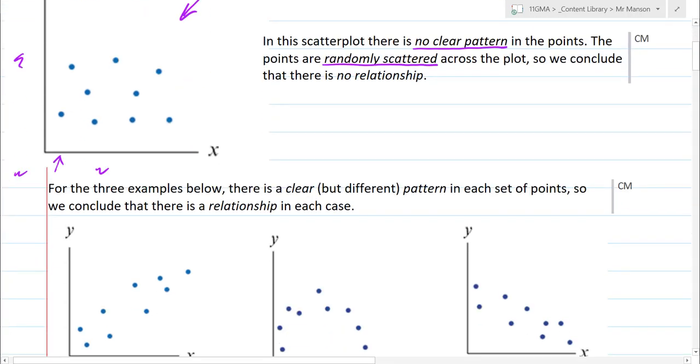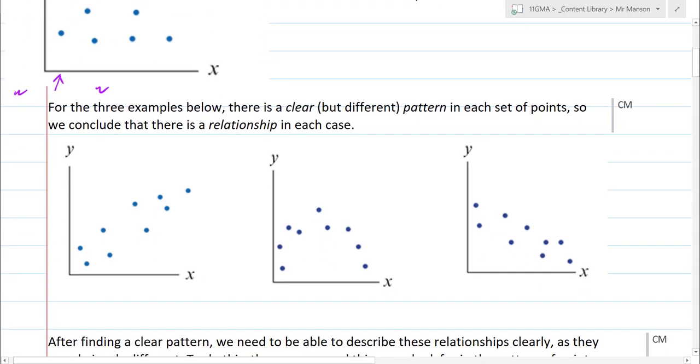So here's 3 examples to talk about. And each of these do have a clear pattern. Now I would hazard that they're not strong. So we'll have to talk about the strength of the correlation in a minute. But there's a clear pattern here. And again, A and C you will have seen before. B maybe not so much. A has a clear positive correlation.